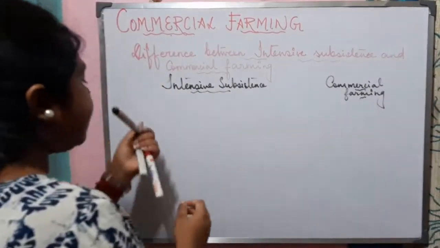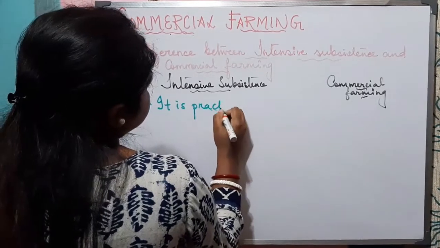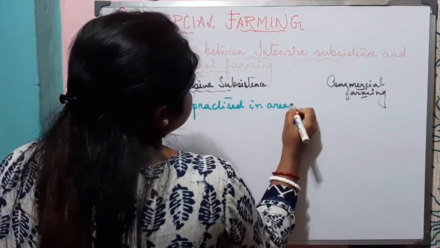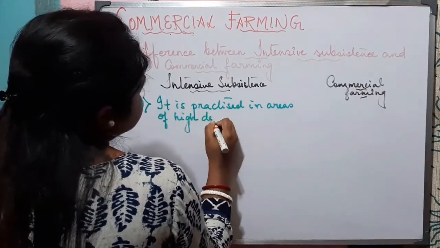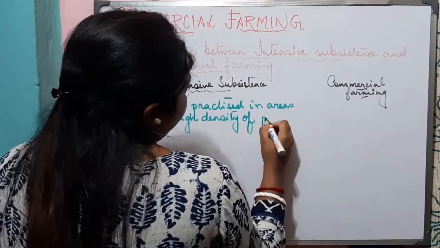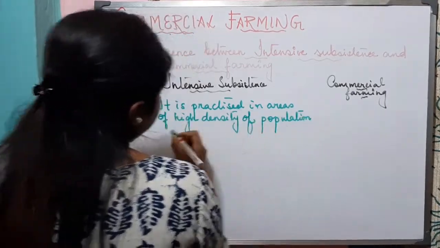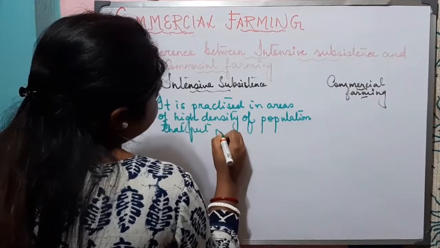Now, intensive subsistence farming is practiced where? It is practiced in areas of high density of population that put pressure on land.